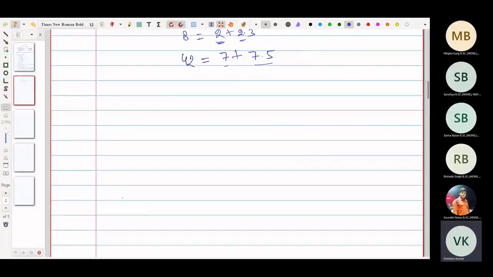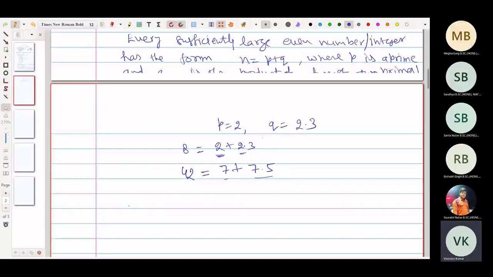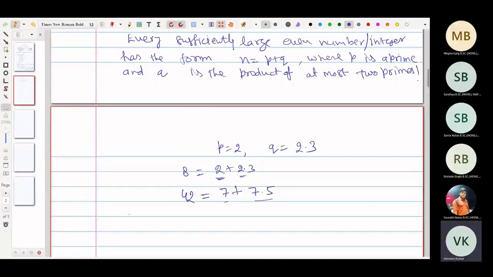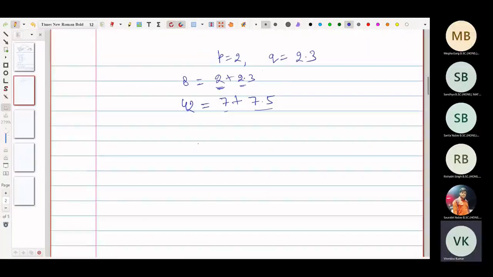Okay, let us see next. He's also talking about the representation of the even number which is sufficiently large. And then in 1937, there was one researcher, Vinogradov.